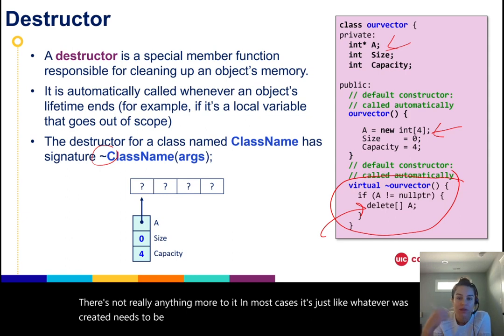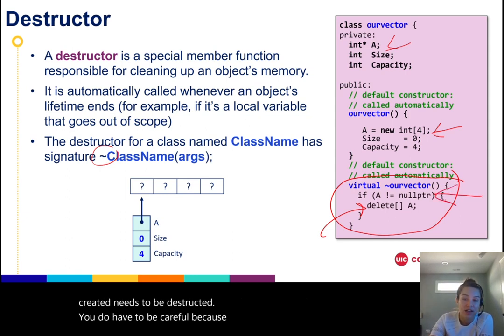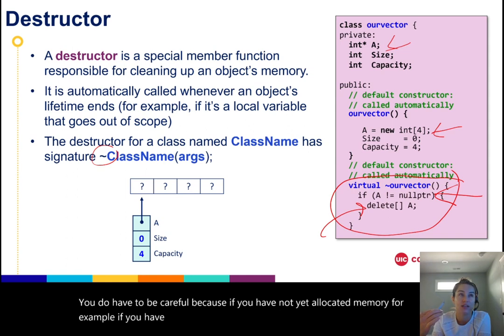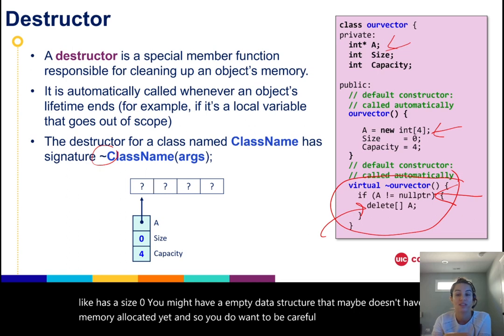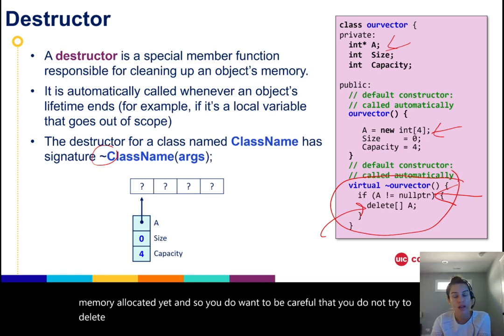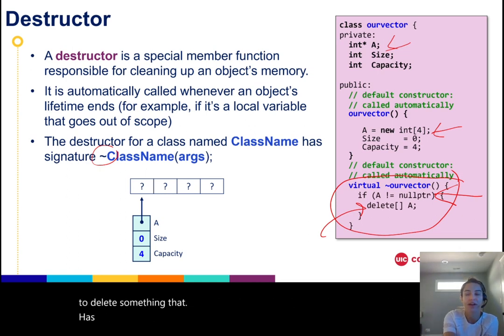You do have to be careful, because if you have not yet allocated memory, for example, if you have a constructor that starts off with size 0, you might have an empty data structure that doesn't have memory allocated yet. You do want to be careful that you do not try to delete something that hasn't been created, because that will throw an error.